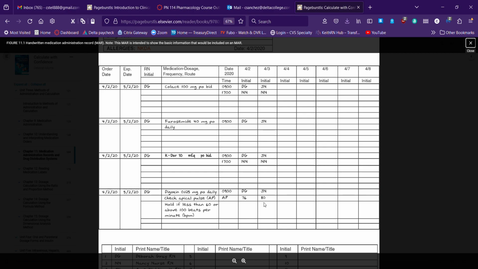And in that way, if any issues happen after the case, you can say, okay, well, when I took it this morning, it was 76. Or, when I took it this morning, it was 80, and now it's 45.